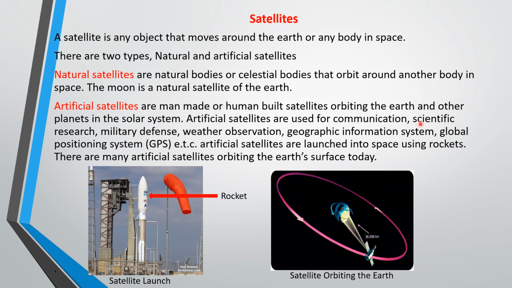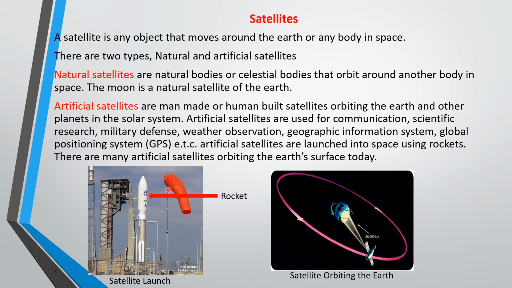They are also used for scientific research, for military defense, for weather observation, geographic information systems, global positioning system, that is GPS, and all that. So satellites are very important to human existence, and they play a lot of roles in information gathering, information transmission and communication.